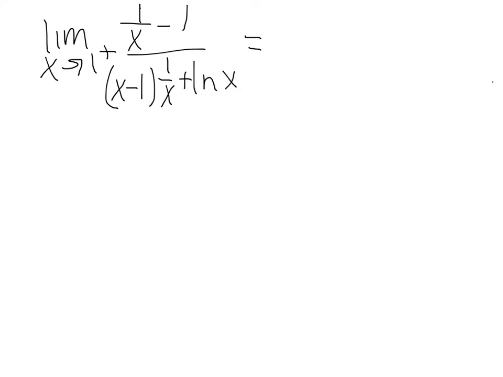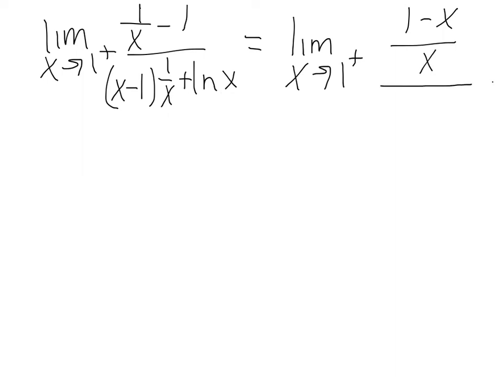So if we think of combining our fractions in our numerator, getting a common denominator, which would be x, we would have the limit as x goes to 1 from the right of 1 minus x over x, if we just write 1 as x over x. And then in the denominator, again, the denominator of the fraction we'll have will be x. So up top we'll have x minus 1 plus x natural log of x, because we have to multiply the natural log of x by x over x.